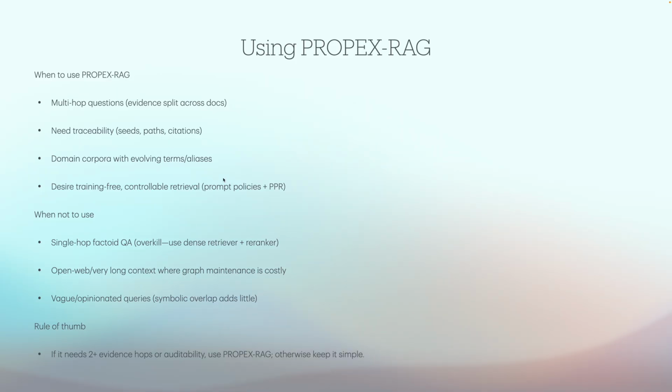And then we have a few reasons why we should use PROPEX-RAG and when it is not to be used. So you basically use PROPEX-RAG when questions require two or more hops, when stakeholders want traceability between them, or when your domain has evolving terminology.